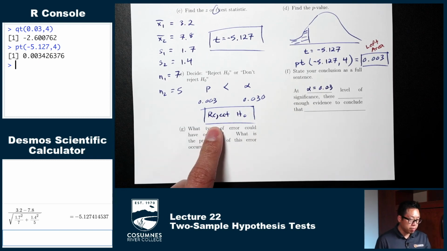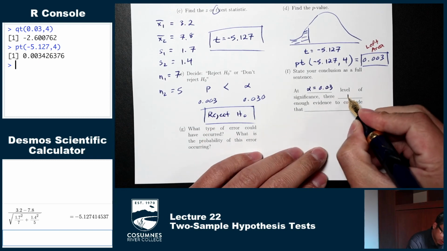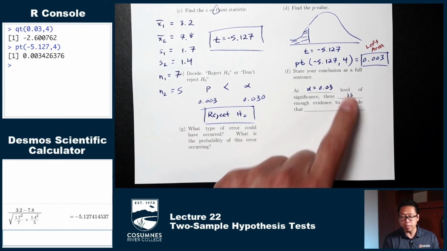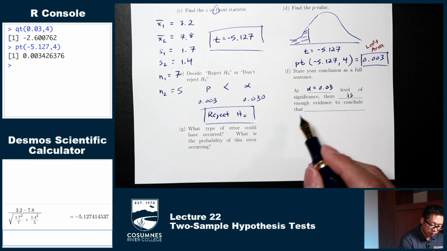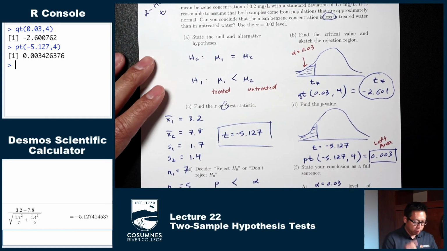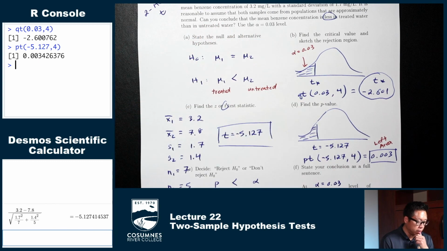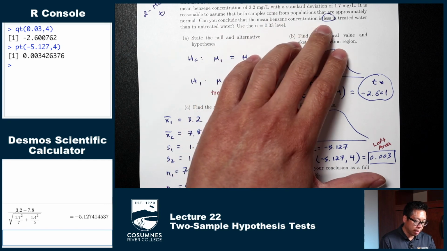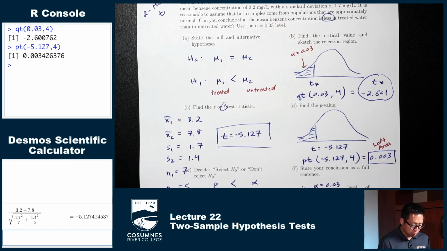So if you reject, then there is enough evidence to say that H1 is true. If you did not reject, there is not enough evidence. So there is enough evidence to conclude that, and then whatever H1 is saying. And usually I just copy the sentence from the question. Can you conclude that the mean benzene concentration is less in treated water than in untreated water?